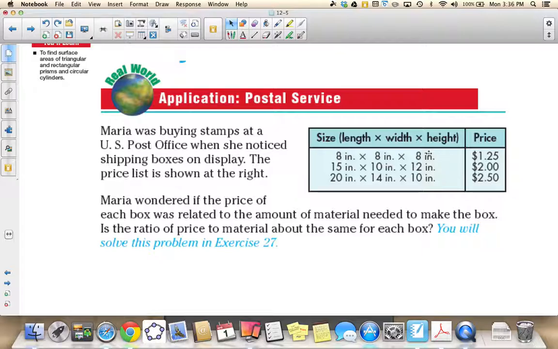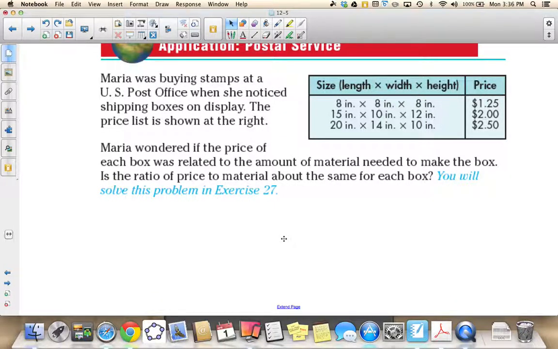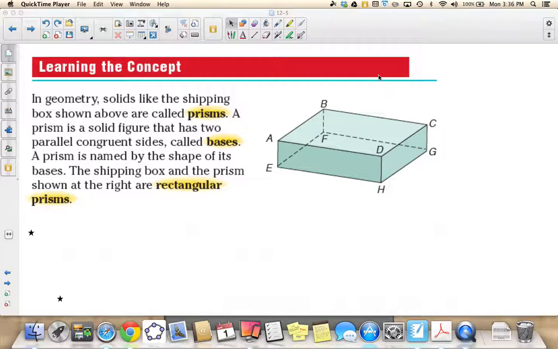So by looking at the surface area of each box, we can determine how much material is needed to make these particular boxes. And we'll revisit that on exercise 27. But before we do that, let's learn some new concepts.